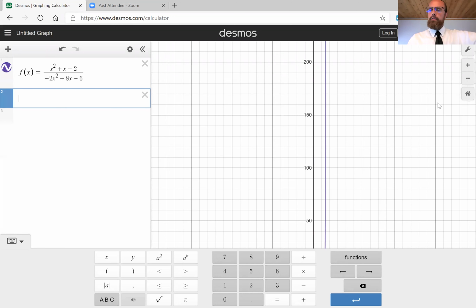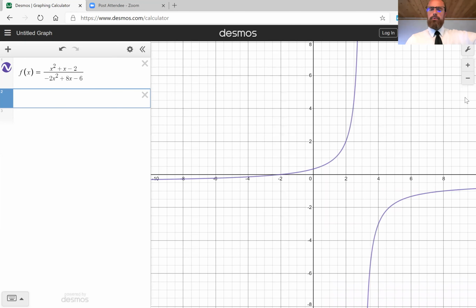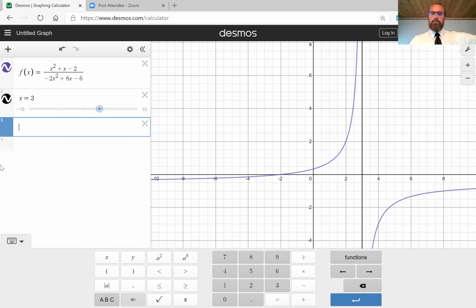I'm going to hit the home key over here. If ever you've gotten kind of on a different zoom, you can hit the home key. And here's our graph. So we got a vertical asymptote we saw at 3. So let me just put in that x equals 3. And that looks good on the graph.